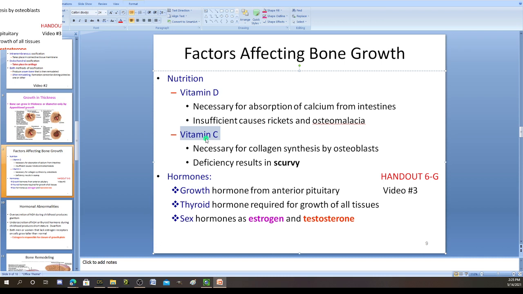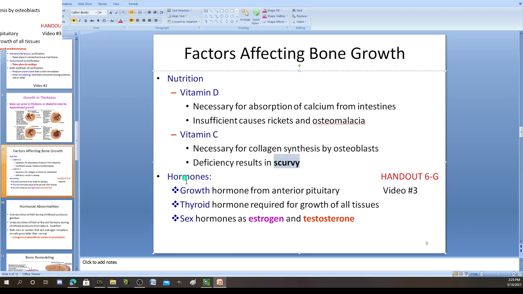And this is why the British Navy is still to this day called limeys, because once we figured out that vitamin C is what prevented scurvy, they started packing their ships with barrels of limes, and they would make their sailors eat the limes, and that would prevent any scurvy.